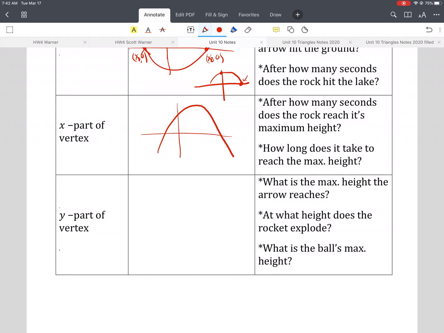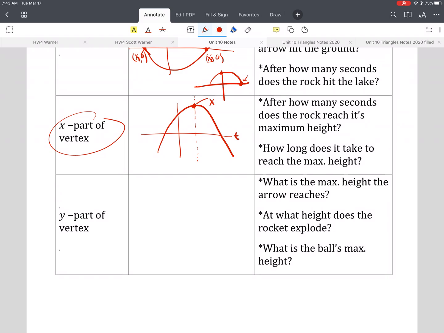Something like that. This would be the starting time, and then the axis of symmetry would be there. This would be the vertex. All they're asking for here is, at what time does it reach its maximum height? Well, time is always our x, so it would just be the x value of the vertex, which is written right here.